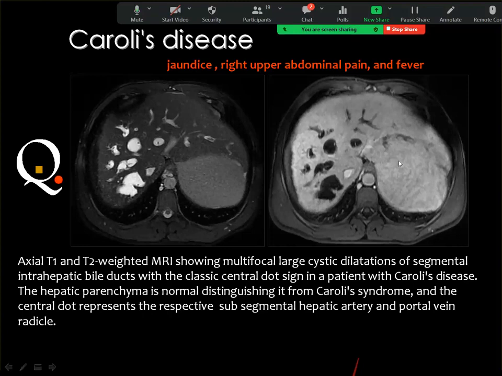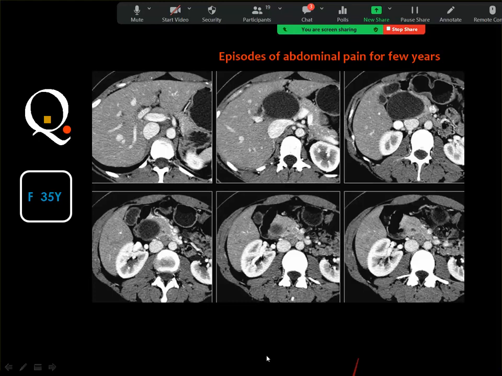And now you know there is Caroli disease by the presence of these ducts inside the bile ducts, which represents the characteristic of Caroli's disease. Next case.